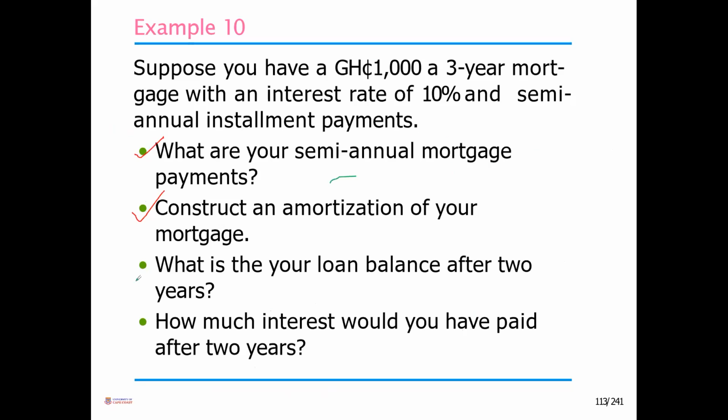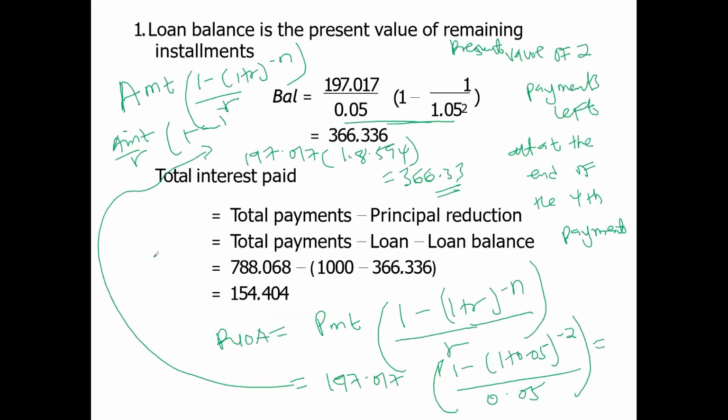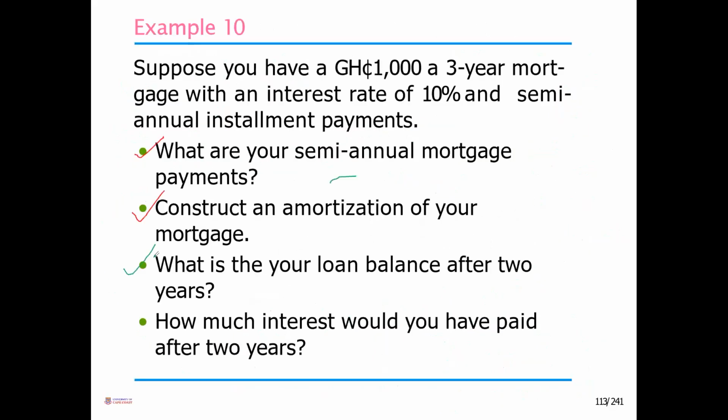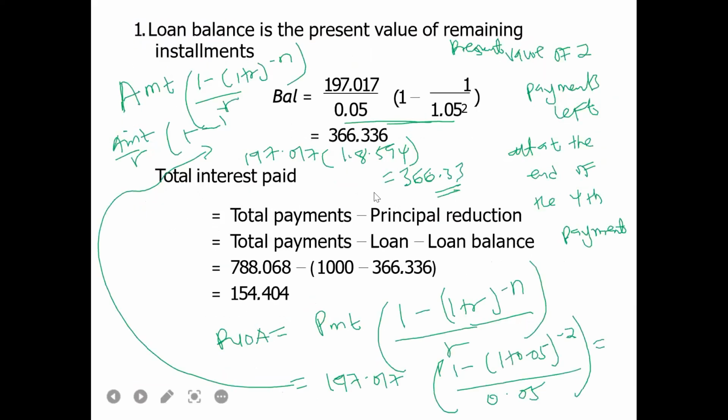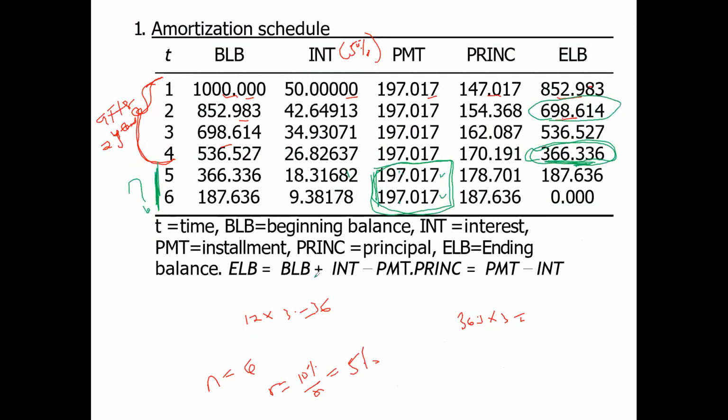And then, how much interest would you have paid after 2 years? So instead of using this long formula, if you want to know the interest you would have paid after 2 years, you can just add the interest here.